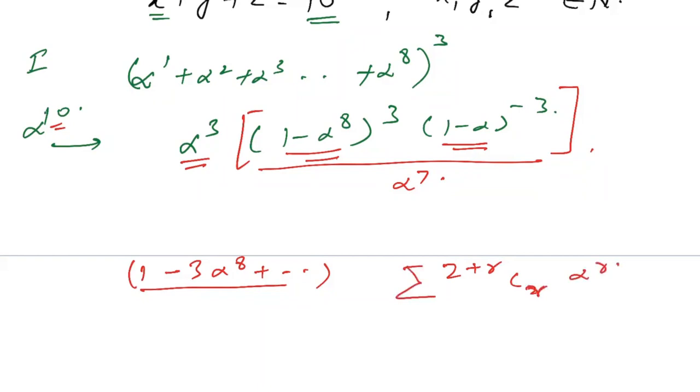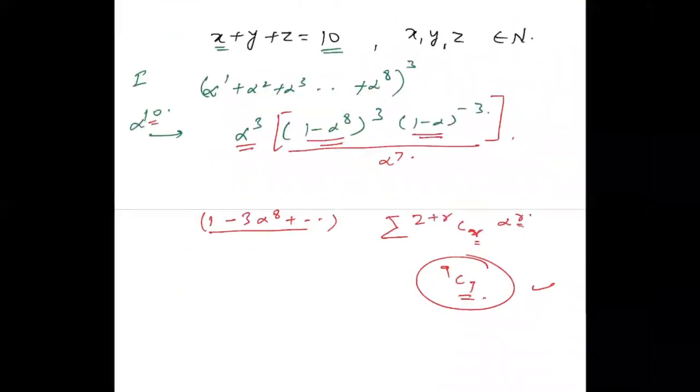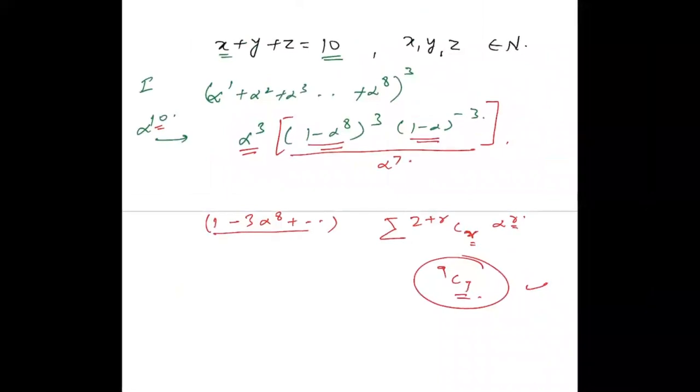What we required is alpha to the power 7, so if I put R equal to 7, this comes as 9C7 or 9C2. This is the first method. Please note down carefully. We'll go with the second and third methods also, but this is the first one that we should go for.